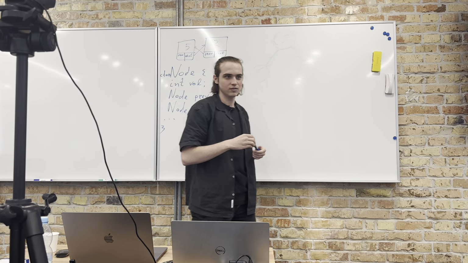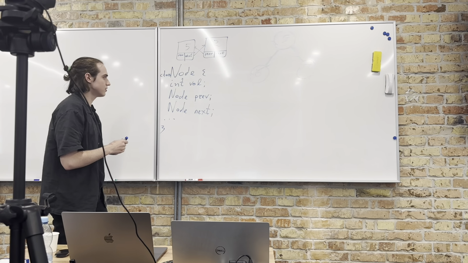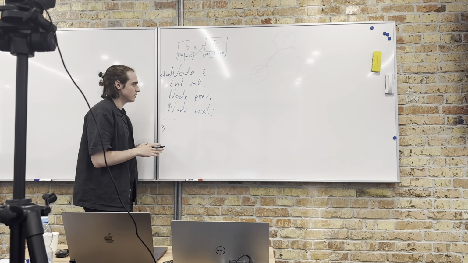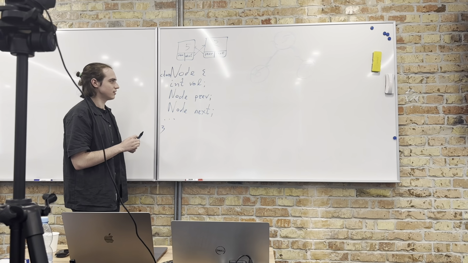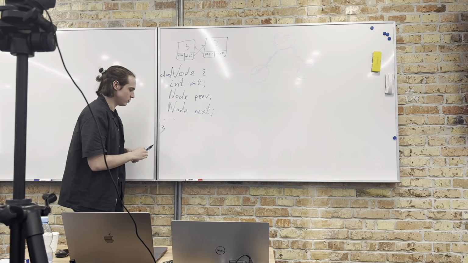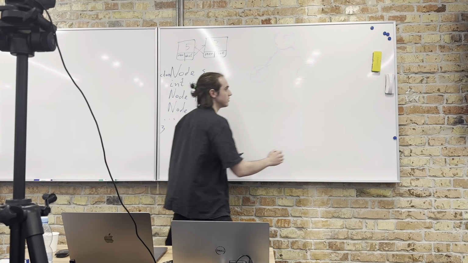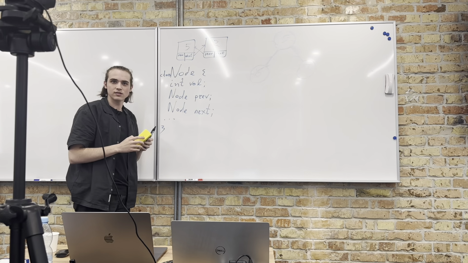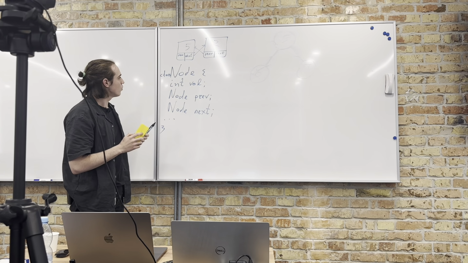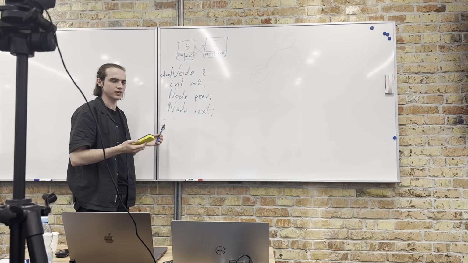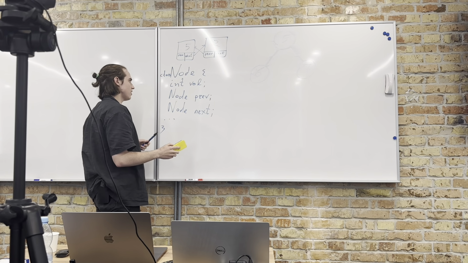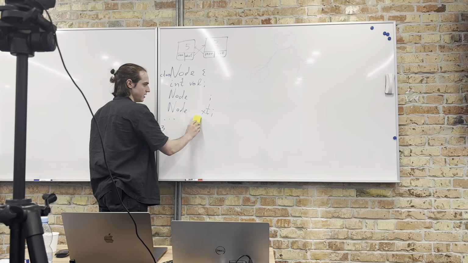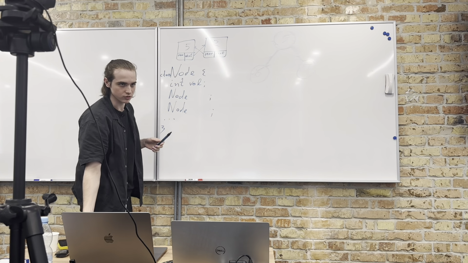So left and right, and maybe we need to have a parent. Or not. Okay, so what we need is the basics: value, or like data or key. So our code of node is not changing. We're just changing the names of those pointers.